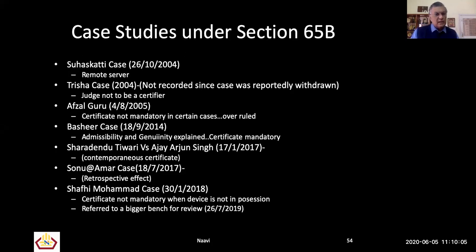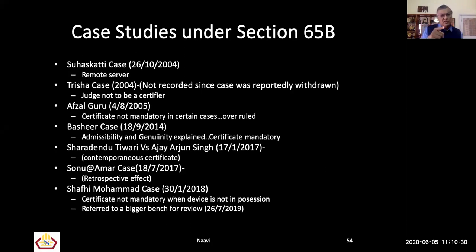Then there was a case, Sonu Amar Singh, which was about retrospective effect. This was a practical decision. The court said that we will not reopen the old cases which were decided without Section 65B certificates, because it would be too impractical. From 2005, or in fact from 2000 itself, until 2014, a lot of convictions had happened without a Section 65B certificate.